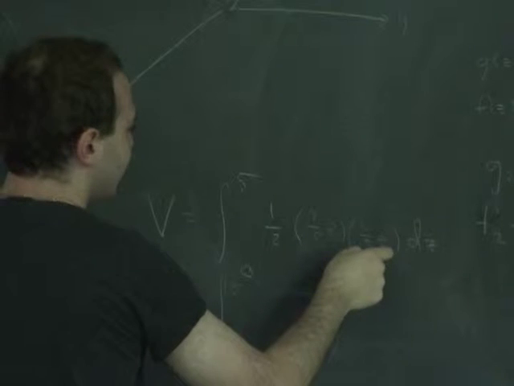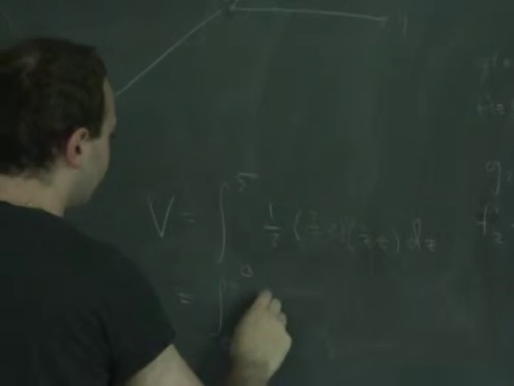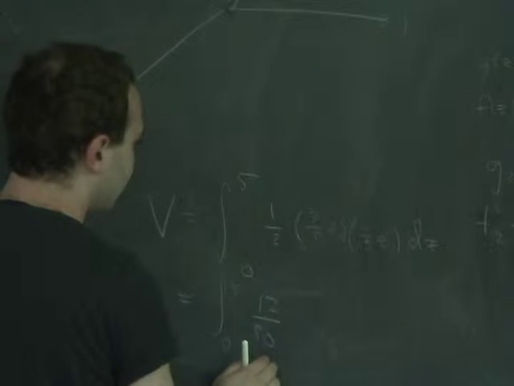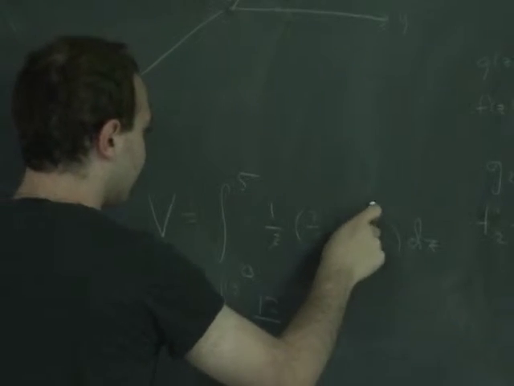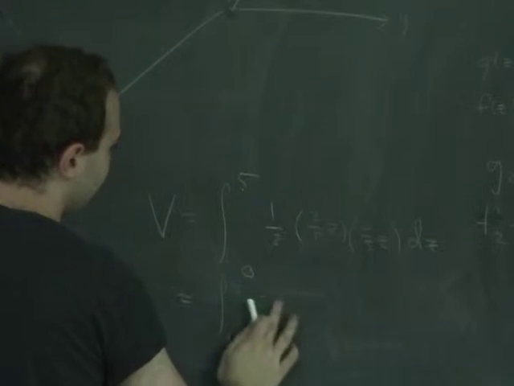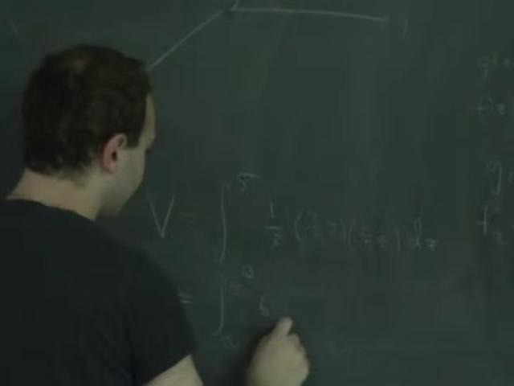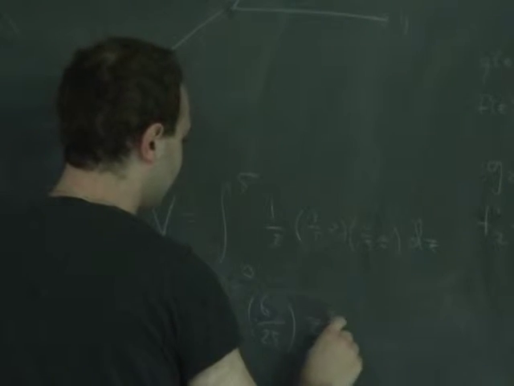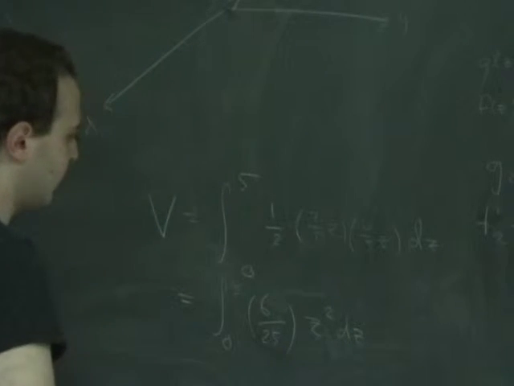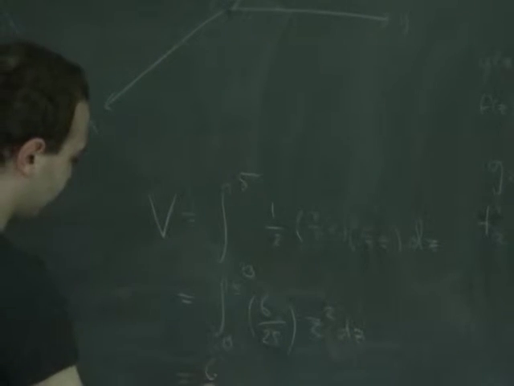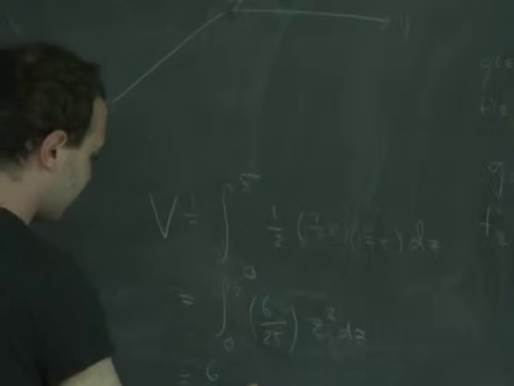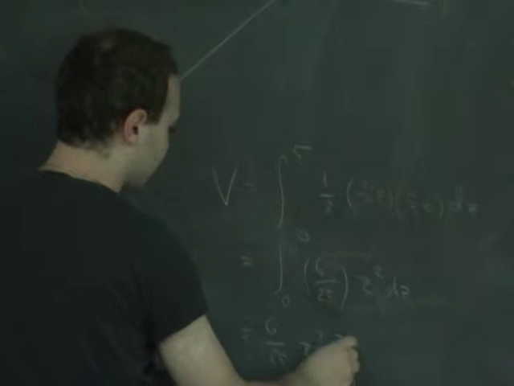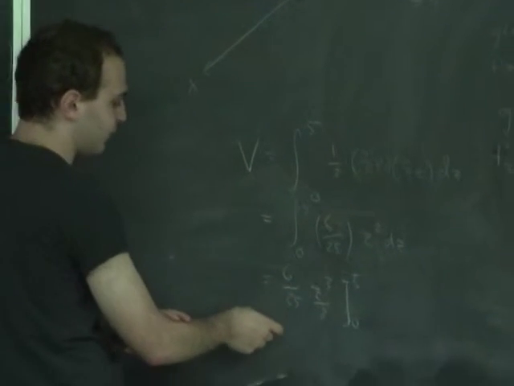1/2 times 3/5 times 4/5 is 12 over 50, or I could simplify that. So that's 6 over 25 times z cubed over 3, taken from 0 to 5.